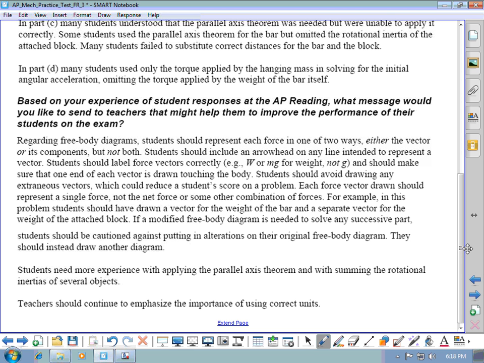In fact, after the test given this year, or maybe the following year, they changed their rules so that they did not want people to give it in terms of its components at all. So students should represent each force only with the vector and its direction, but not with the components.